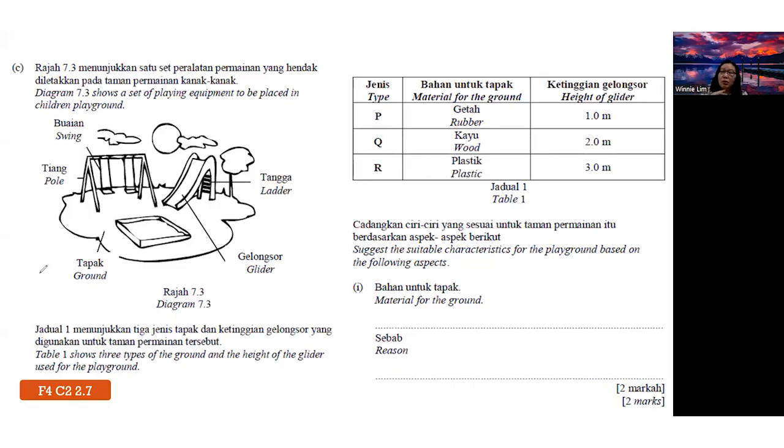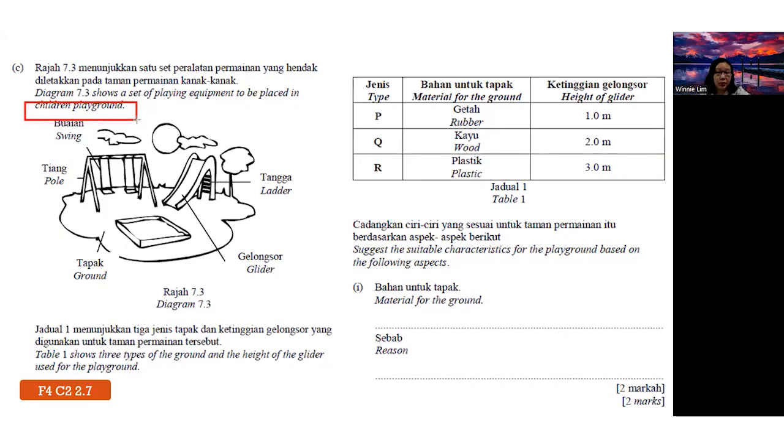But in the general overview, you should roughly get the idea which type is the best. So we go through this idea together first. Diagram 7.3 shows a set of playing equipment to be placed in a children's playground. Table 1 shows 3 types of ground and the height of the glider for the playground. So suggest the suitable characteristic. Okay, then they want to give this playground to who?